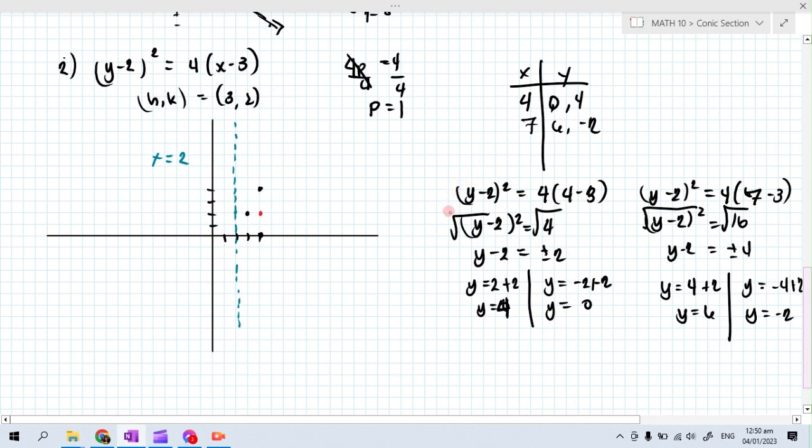Next is 7 and 6. 7, 1 2 3 4 5 6 7, 1 2 3 4 5 6, over here, and last one is negative 2, 1 2 7, over here. So we can now connect those dots to generate our parabola. So the parabola will be looking like this.